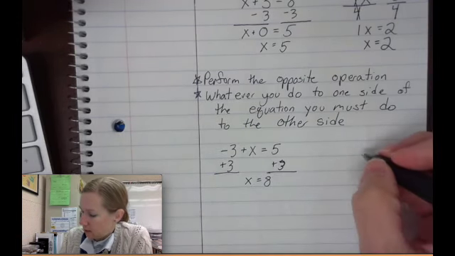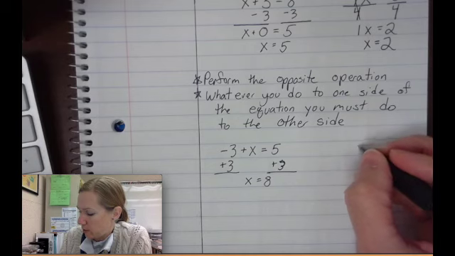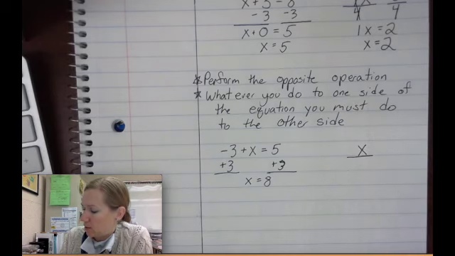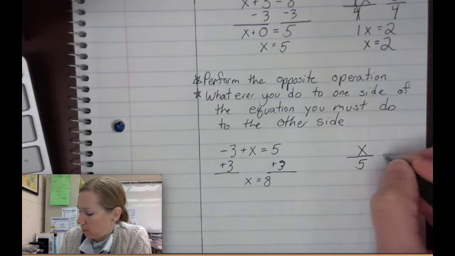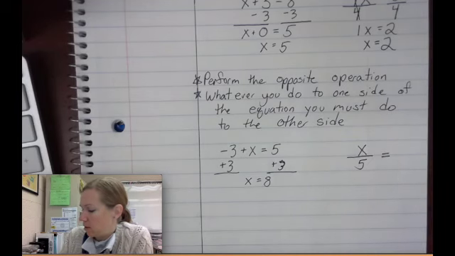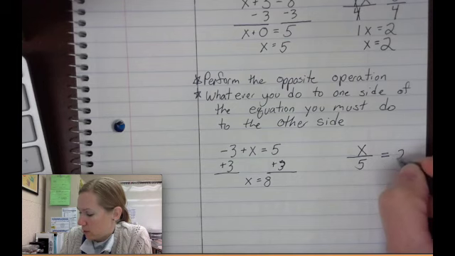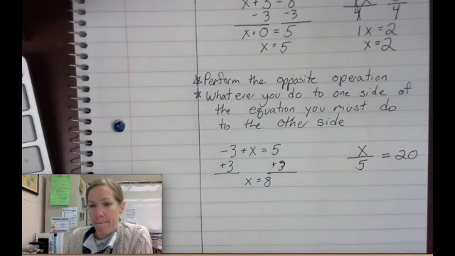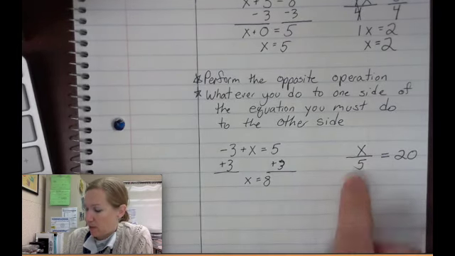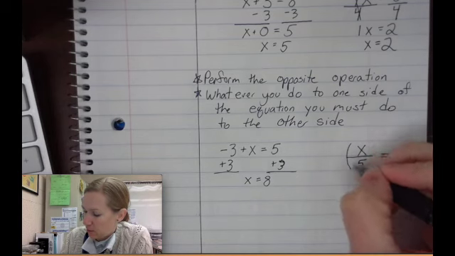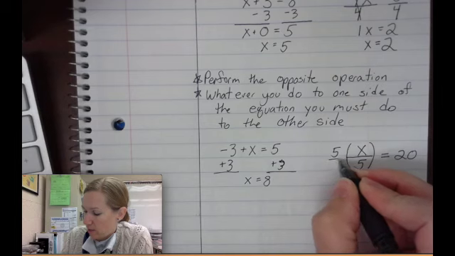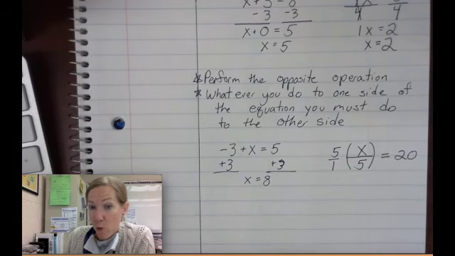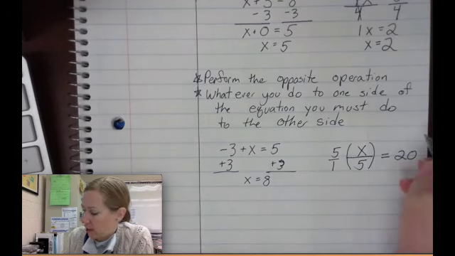Okay. Let's do a division problem. So x divided by 5 equals 20. So right here I'm dividing by 5, so instead I'm going to multiply by 5, and if you want to put 5 over 1, that's still the same thing, it's still 5.